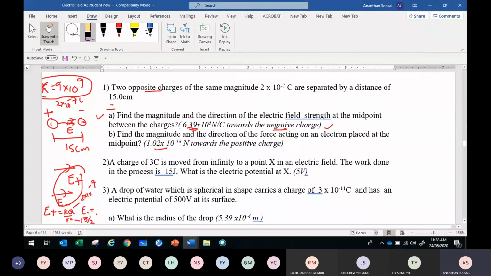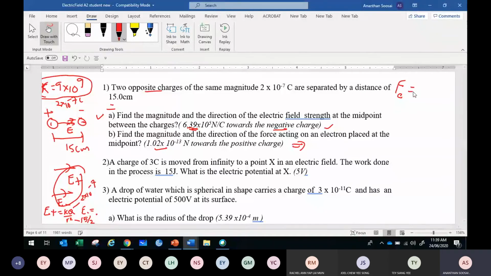Find the magnitude and the direction of the force acting on an electron placed at the midpoint. So B, they're asking for the force. The force on electron.